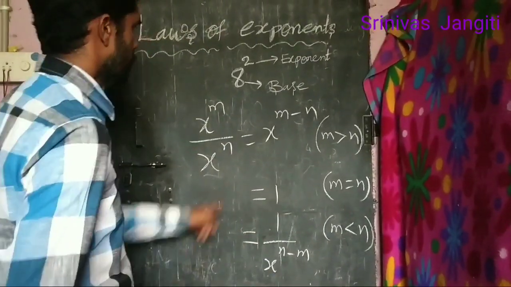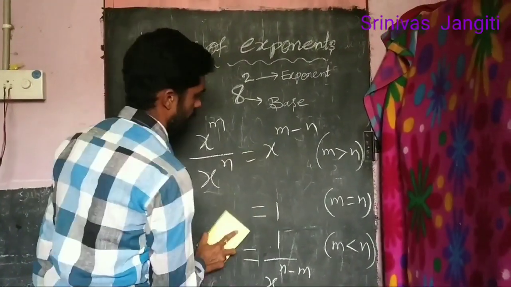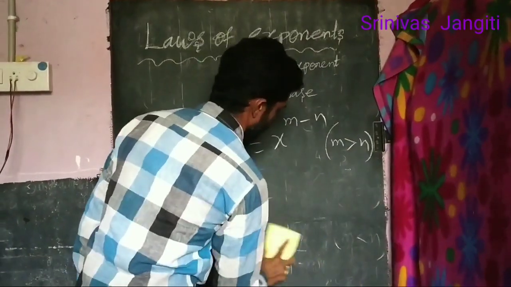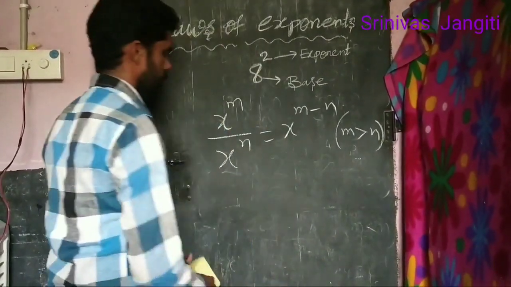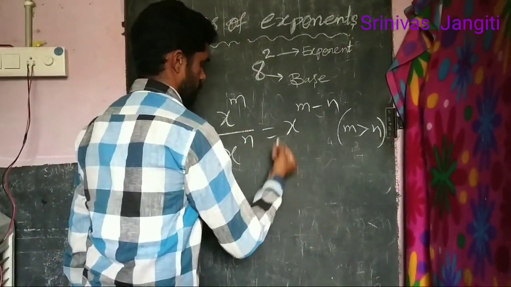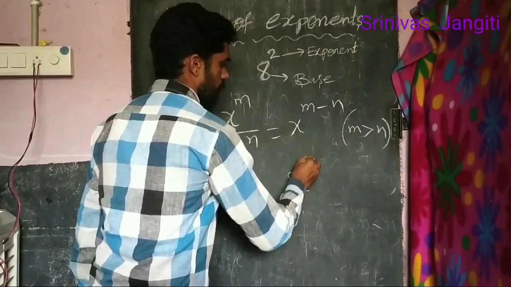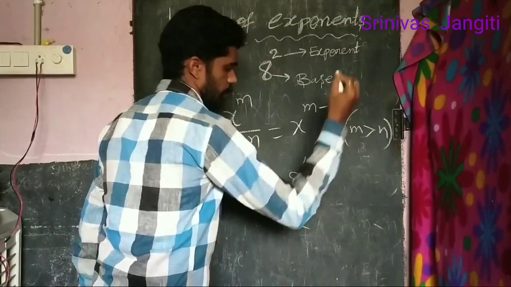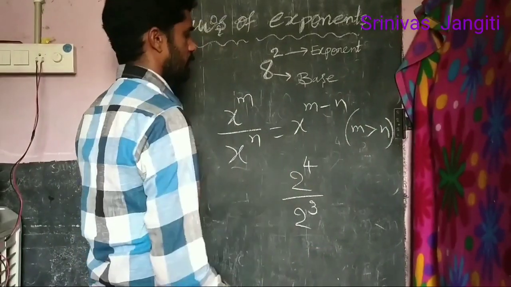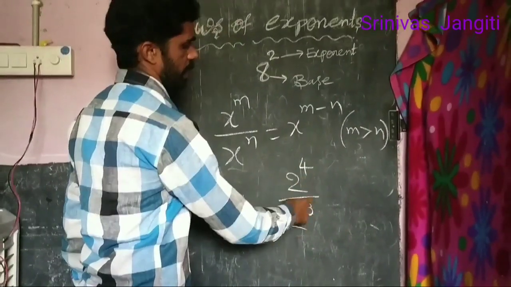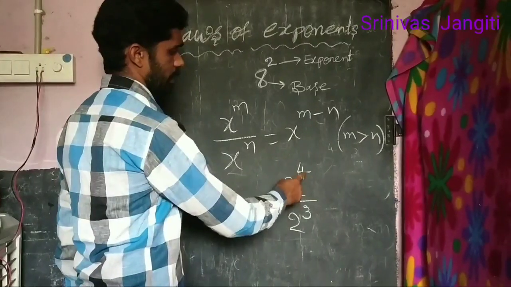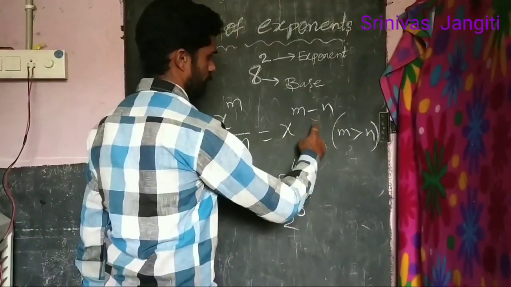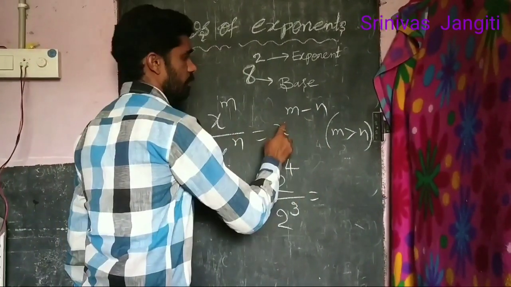Now observe three examples of this. Take 2 to the power of 4 by 2 cube. Here m is bigger than n, so simply the formula is x to the power of m minus n.